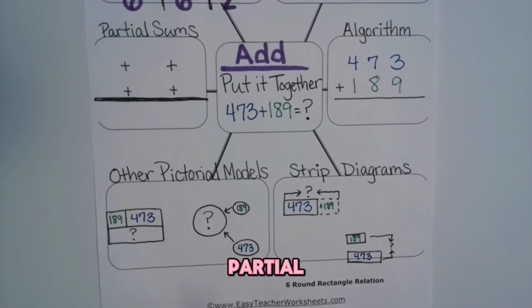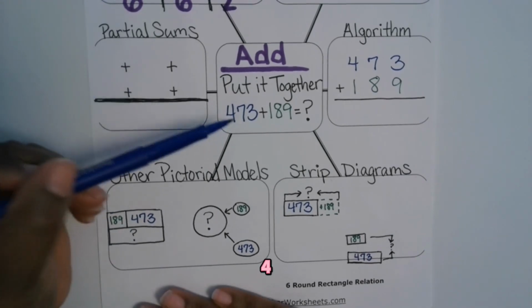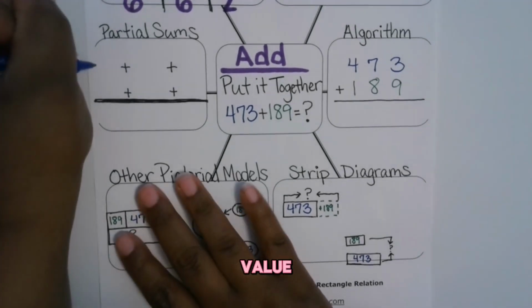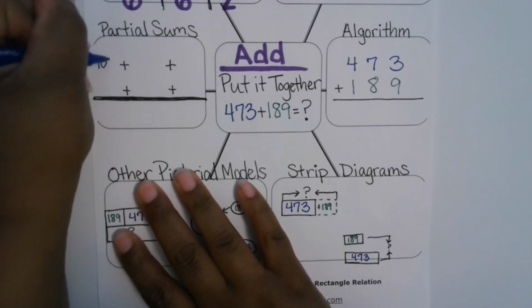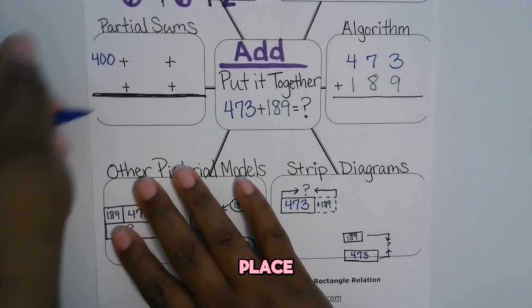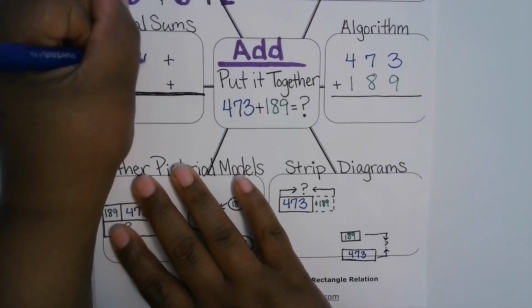Now we go into our partial sums. Partial sums actually coincide with place value, where we're using the expanded form. I have an additional video on expanded form for those of you who are unaware how it looks. But for this purpose, we'll just go ahead and fill it in. A 4 in the hundreds place would have a value of 400. A 7 in the tens place would have a value of 70.